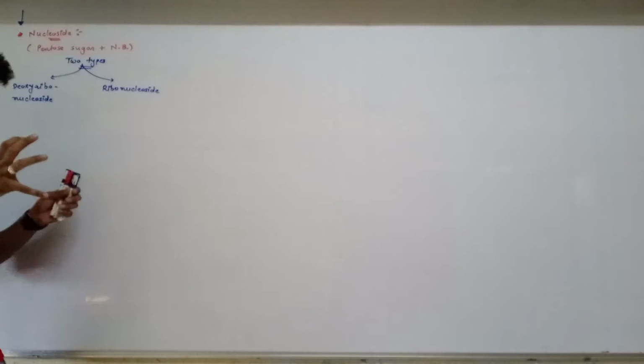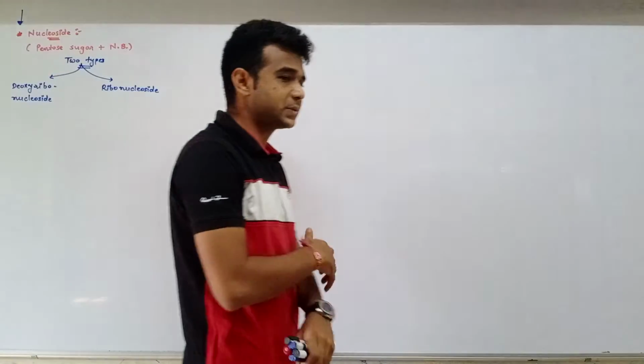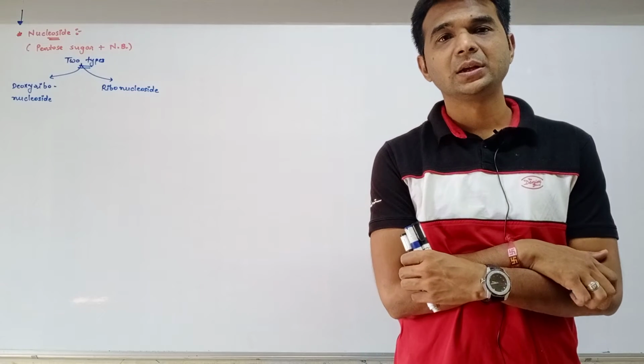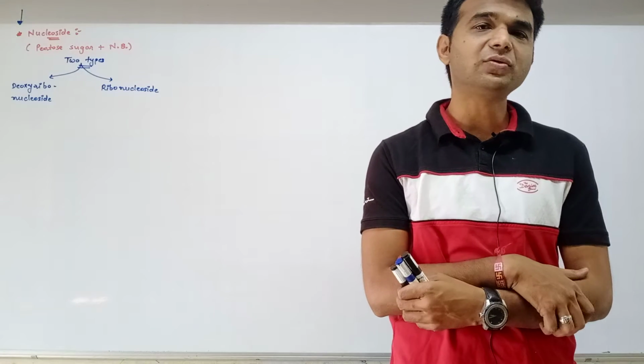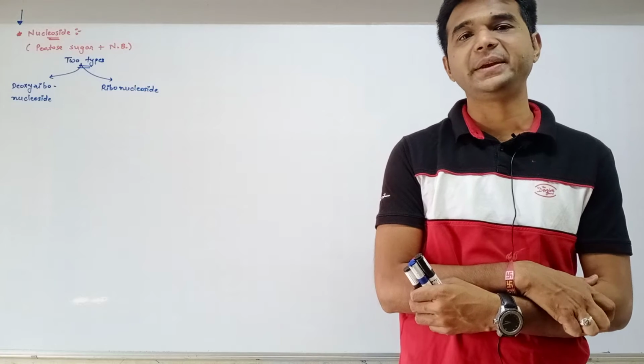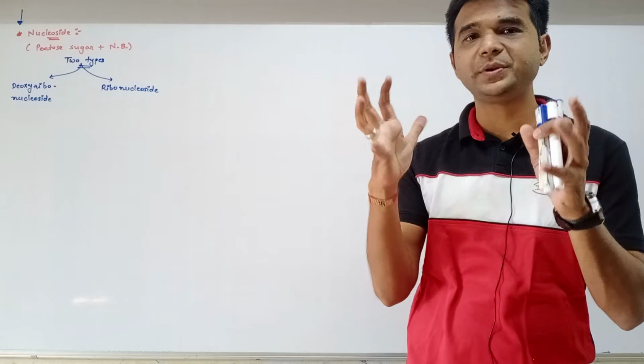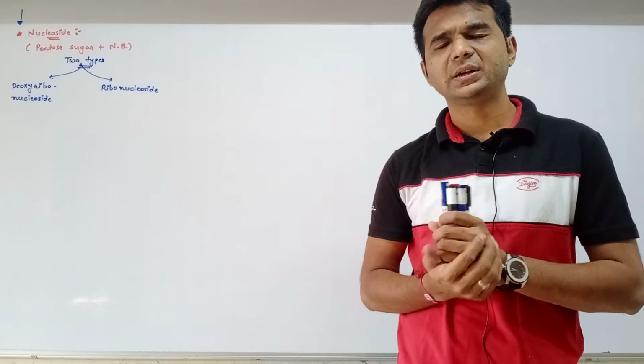Yes, in deoxyribonucleoside, deoxyribose pentose sugar is associated with the nitrogen base, purine as well as pyrimidine. If you are talking about the purine, please revise a little bit.